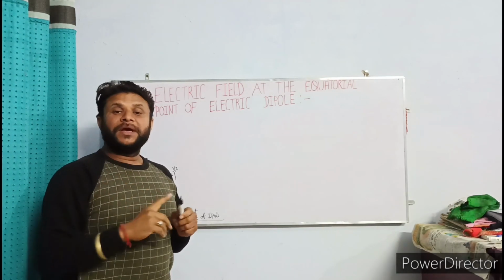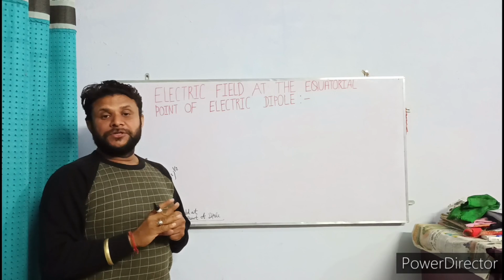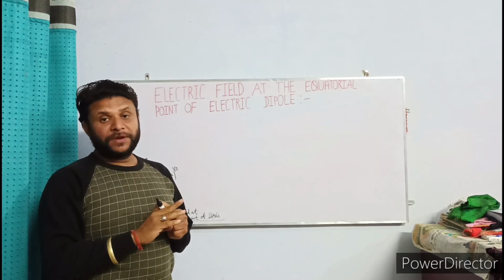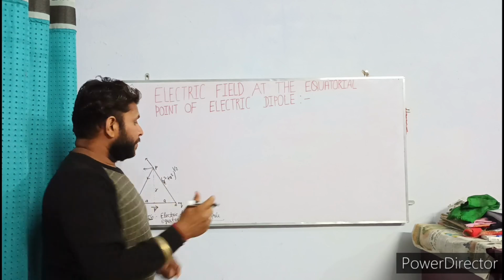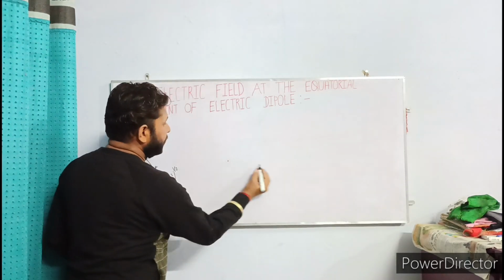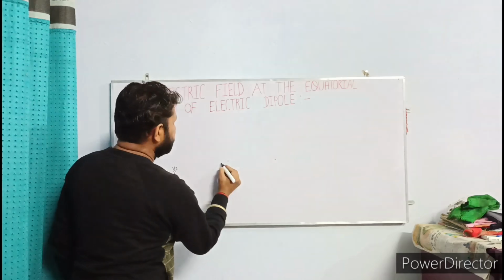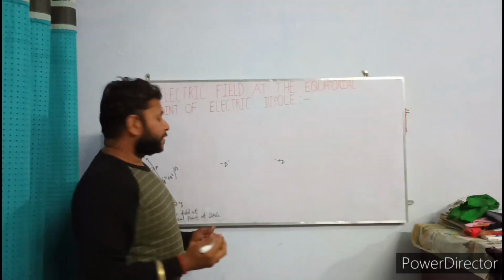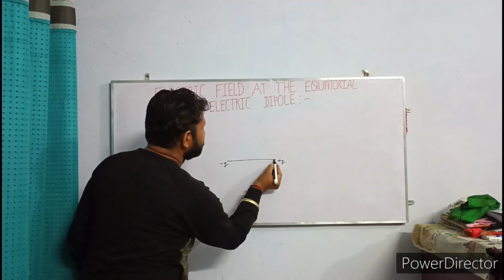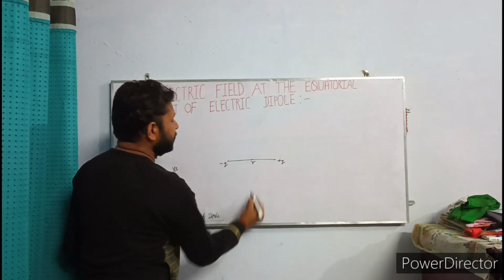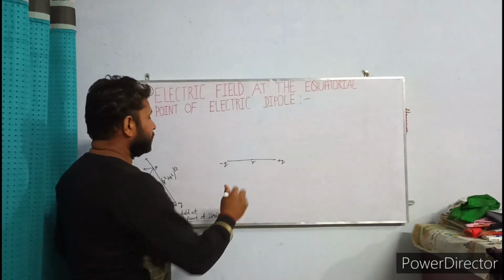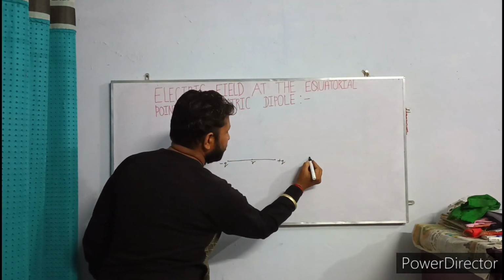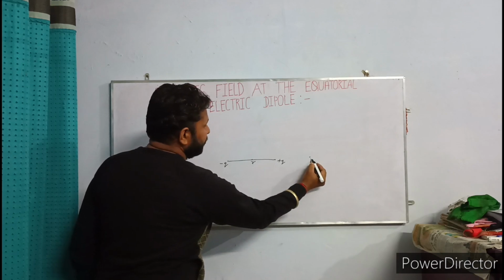Students, as we have already read what is the electric field at the axial point of electric dipole, we already learned about it: it is minus q, it is plus q, the arrangement of electric dipoles that are separated by a distance r. It is the center, and we have already calculated electric field at the axis of this dipole. It is the axis, and here is the point P.